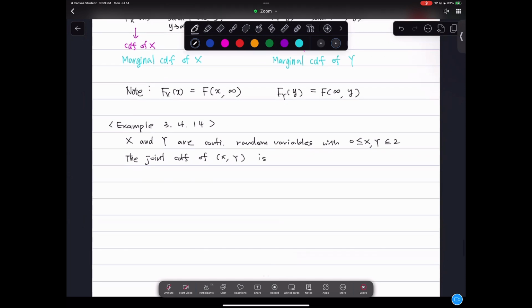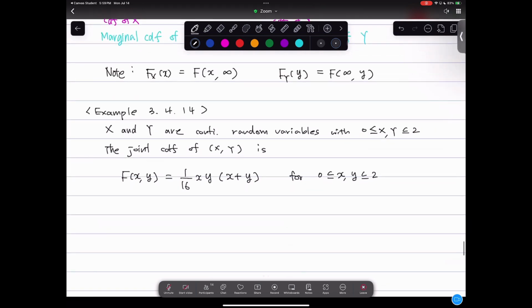Big F of x, y equals 1/16 times x times y, times the quantity x plus y, for x values and y values both from 0 to 2. Remember, this function value gives me the volume under the joint PDF up to x and y.